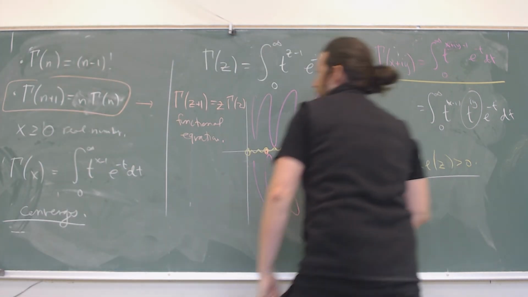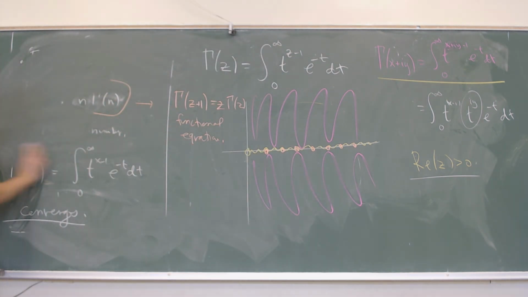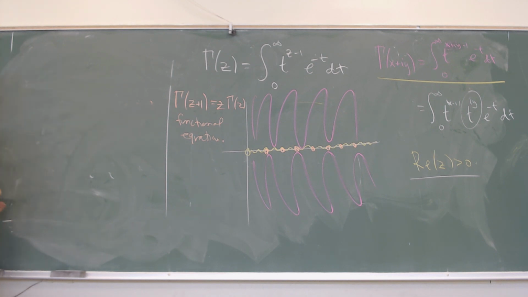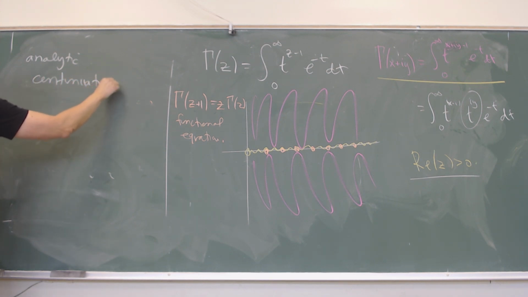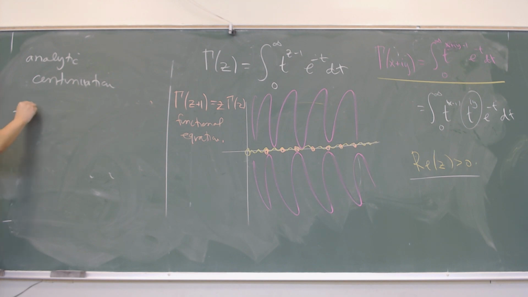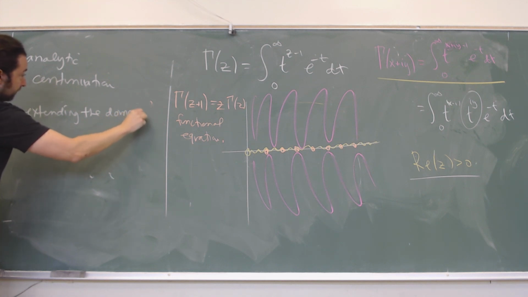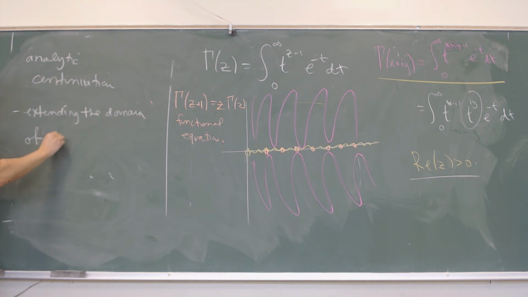Now, before we go on to that, I want to tell you that this is our next idea here in the class. It's going to be the idea of what's called analytic continuation. Analytic continuation means extending the domain of analytic functions.